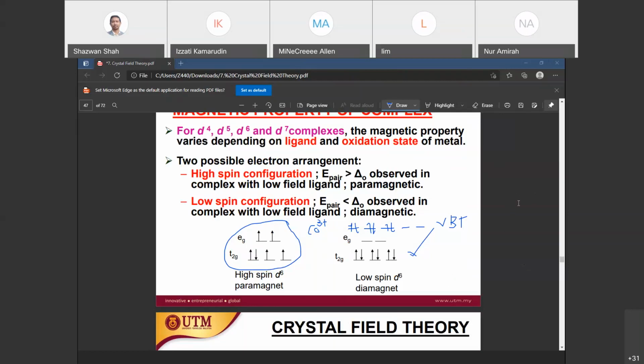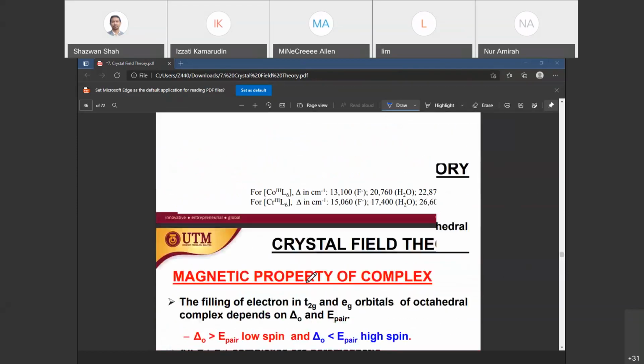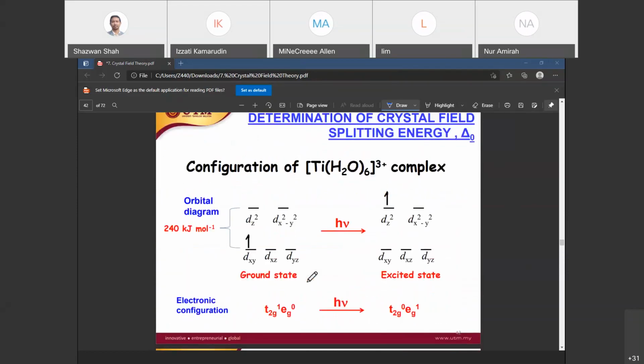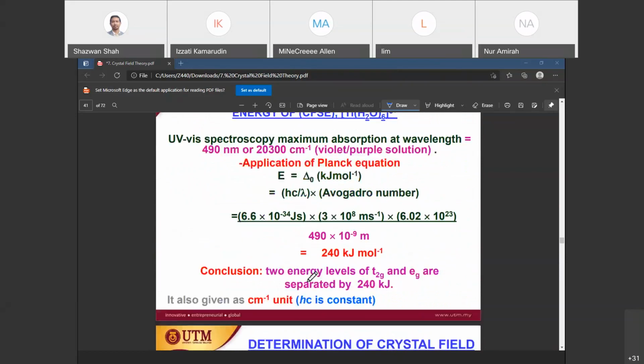When we talk about the crystal field orbital energy level diagram, this is the crystal field splitting energy level diagram.